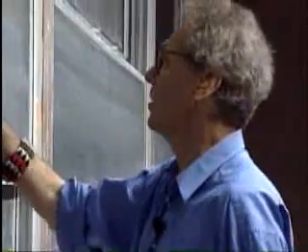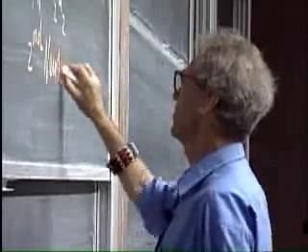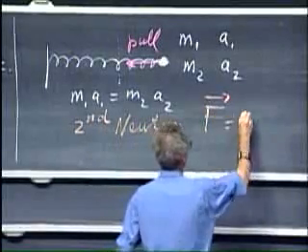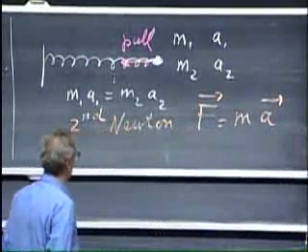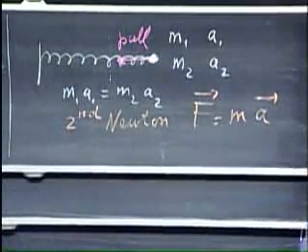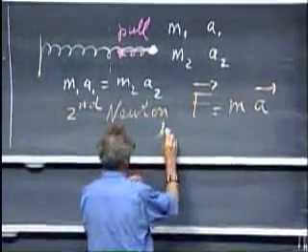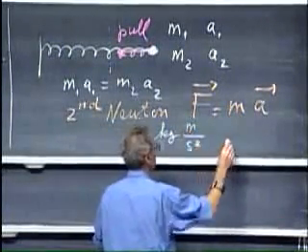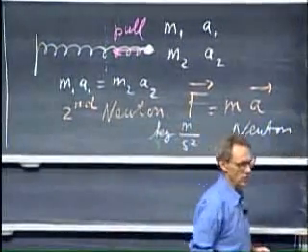This is the second law by Newton. Perhaps the most important law in all of physics, but certainly in all of 801. F equals ma. The units of this force are kilograms times meters per second squared. In honor of the great man, we call that 1 Newton.